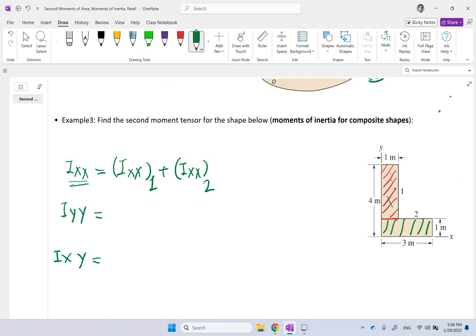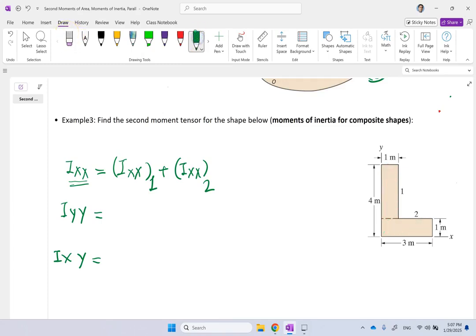Now, how much is Ixx1? How much is Ixx2? Well, the centroid of shape 1 is here. And for shape 2, let's draw it again. For shape 2, it's also in the middle.